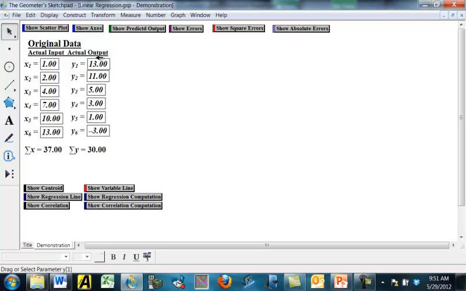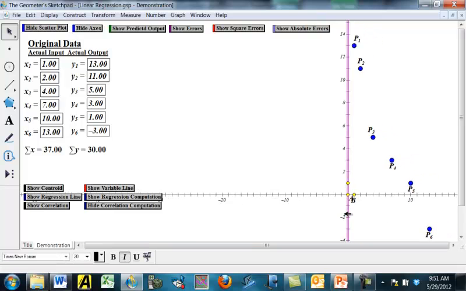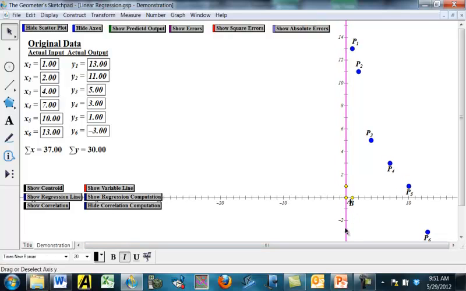And notice it adds up the y's and it adds up the x's here. Okay, now suppose we want to get a graph of that. We need a coordinate system here, which we have, and we can plot the dots on this coordinate system. And so we see some dots here.